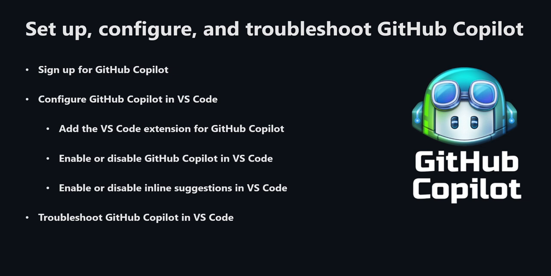Install the Copilot extension in your preferred IDE; in our case, we are doing it via Visual Studio Code. Enable or disable Copilot via the status bar in Visual Studio Code. Configure inline suggestions in Visual Studio Code settings, and troubleshoot Copilot if it's not functioning correctly.